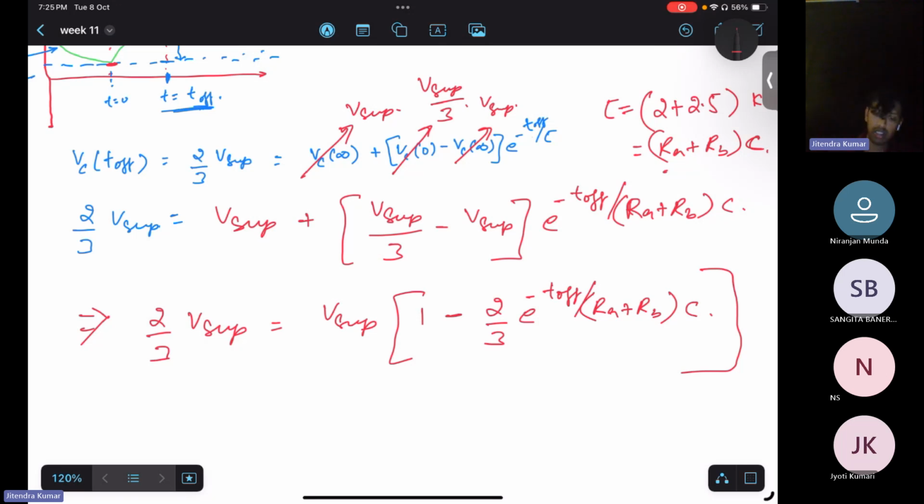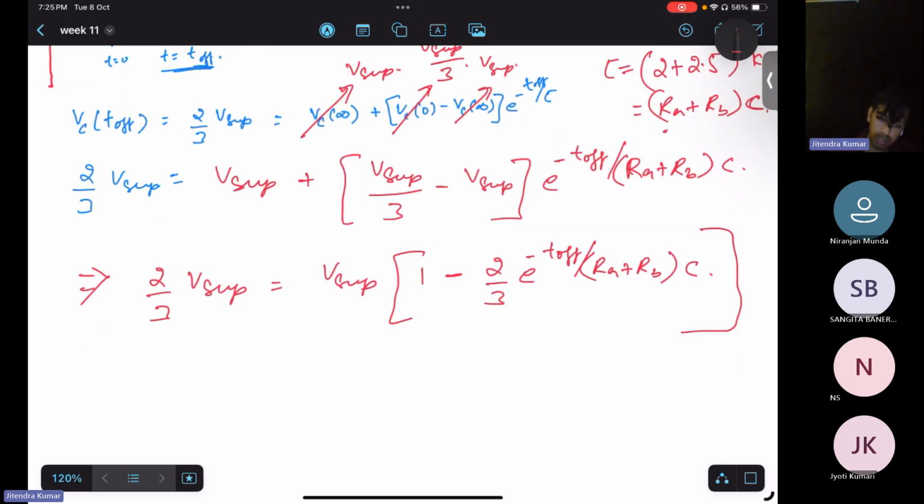Now, if you further simplify it, V supply will be cancelled out. So 2 by 3 e raised to power minus T of divided by Ra plus Rb into C is equal to 1 minus 2 by 3, which will be equal to 1 by 3.